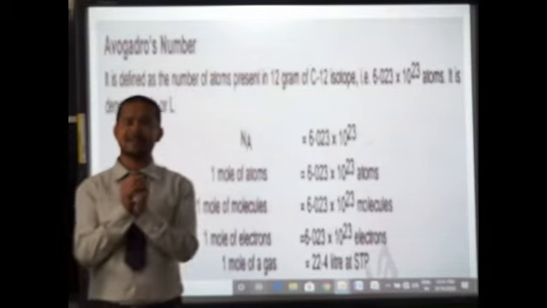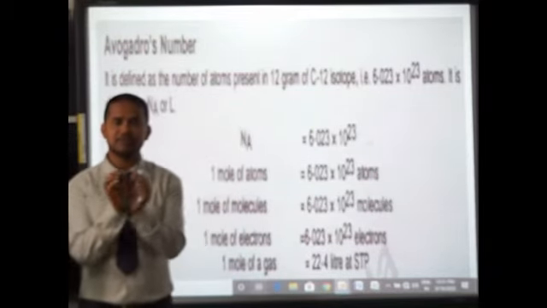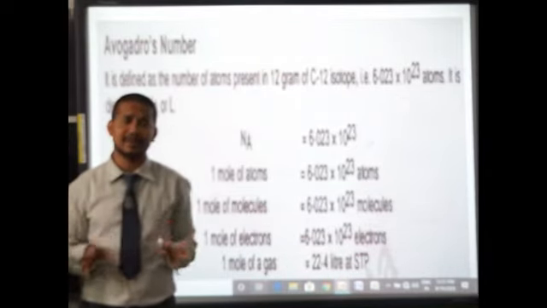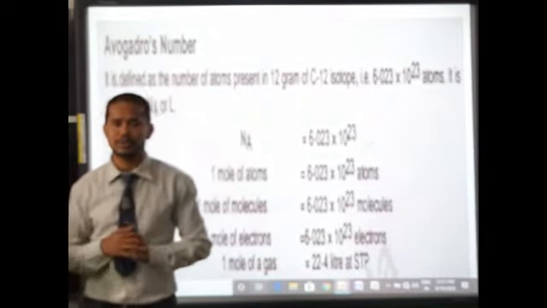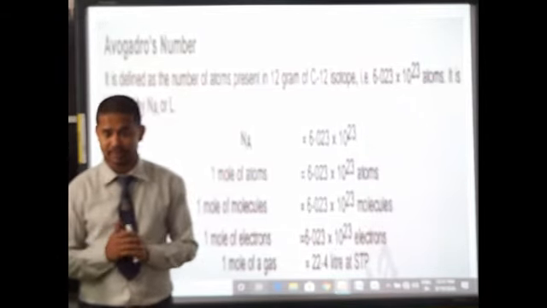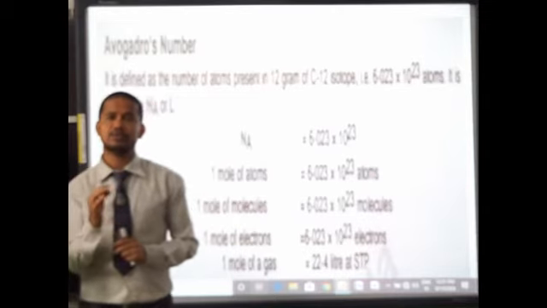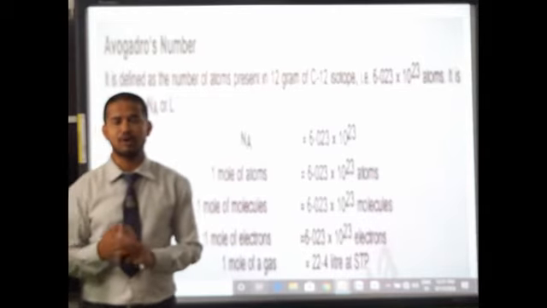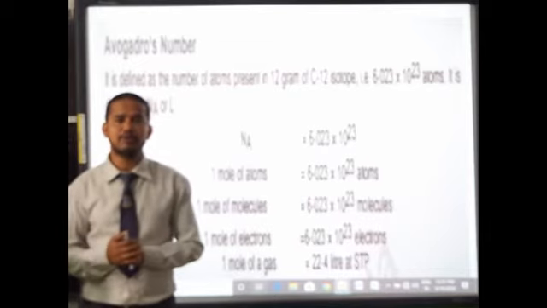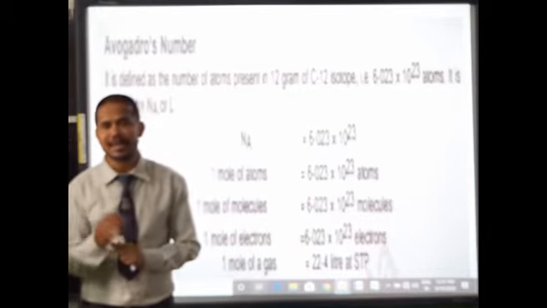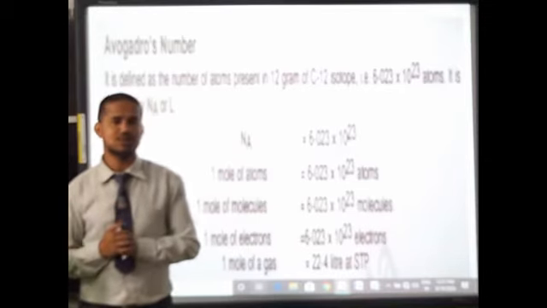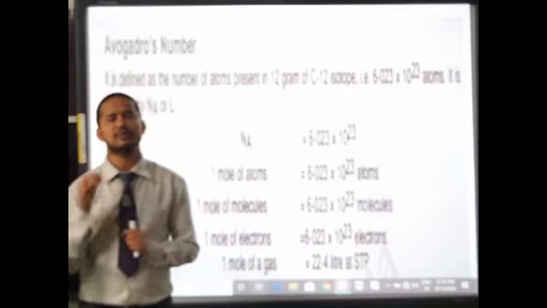That means at standard temperature and pressure, 22.4 liters of any gas has Avogadro's number of molecules. If I ask how many molecules are present in 22.4 liters of hydrogen gas at STP, it is 6.022 × 10^23 molecules of hydrogen.